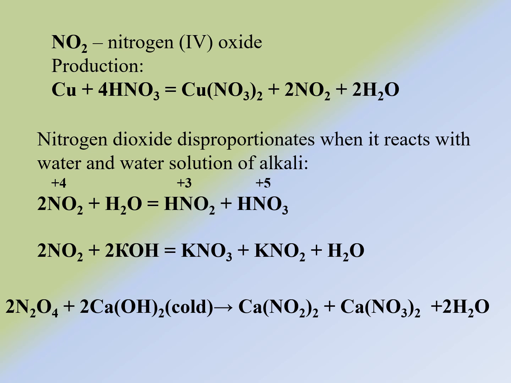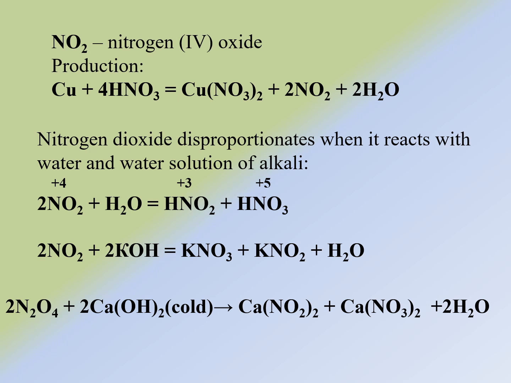How can we produce NO2? In the classic reaction between copper and concentrated HNO3. NO2 has no corresponding acid with the same oxidation state of nitrogen. But anyway, we say that this is an acidic oxide because it can react with water and produce acid or acids.